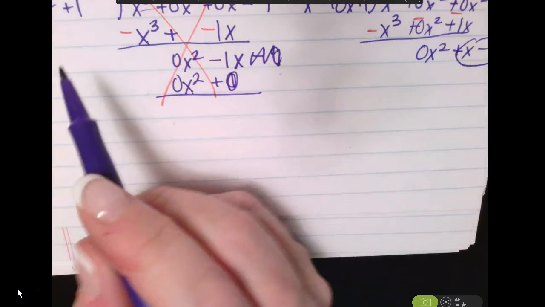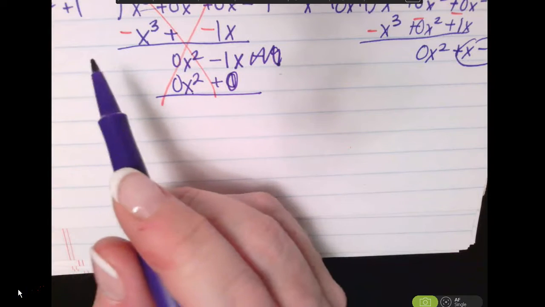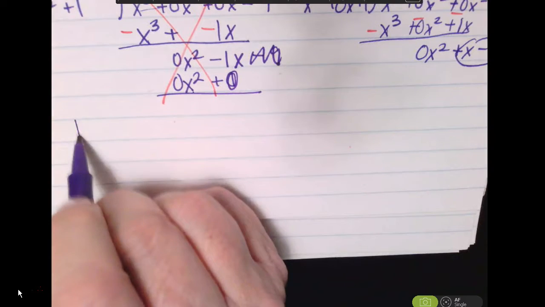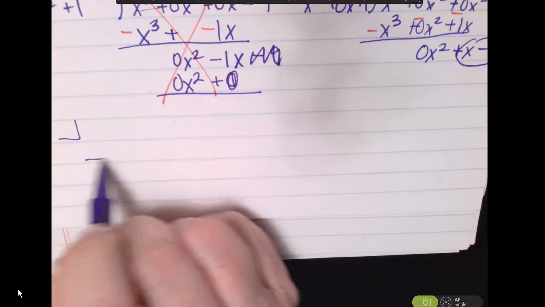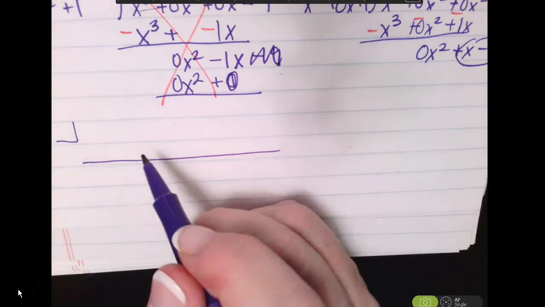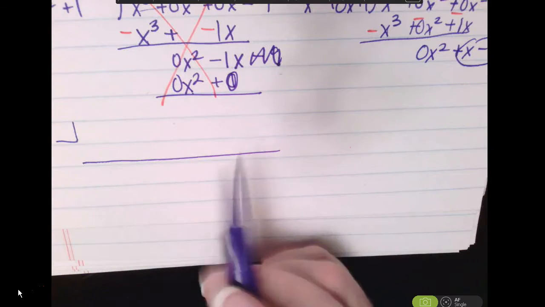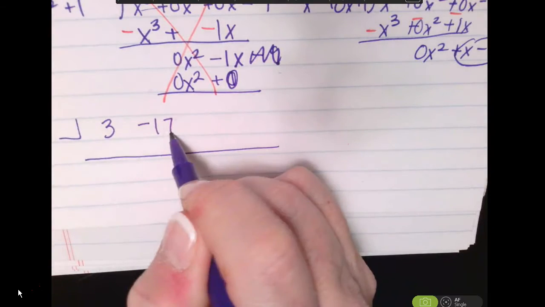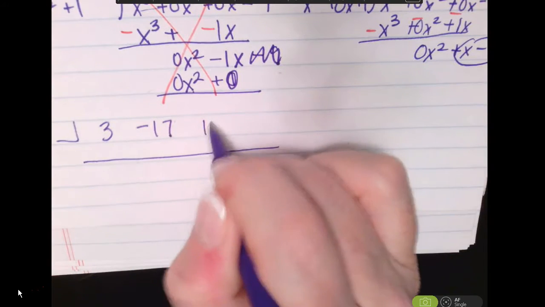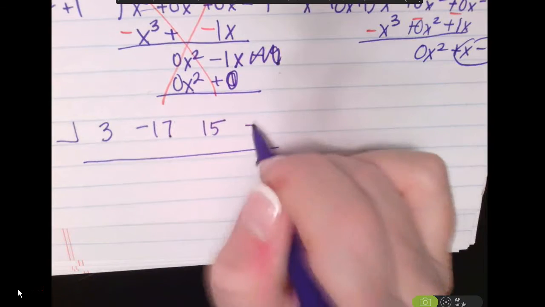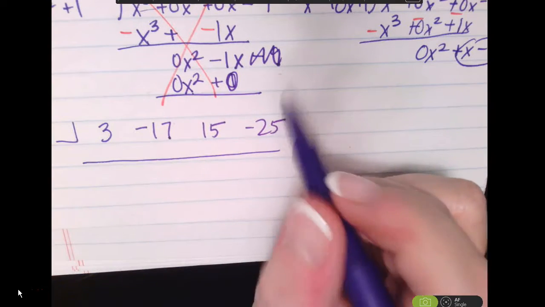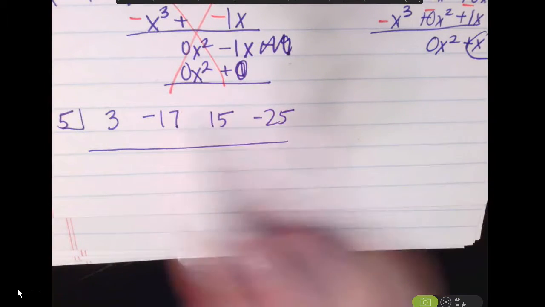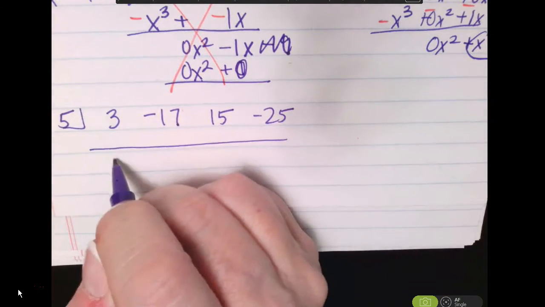Alright, so number 23 is a synthetic division problem. So we want to write our terms. And we've got 3x cubed minus 17x squared plus 15x minus 25. So I don't have any gaps, and then we're dividing by x minus 5. So for synthetic division, I'm going to put just the 5 in the divisor spot.